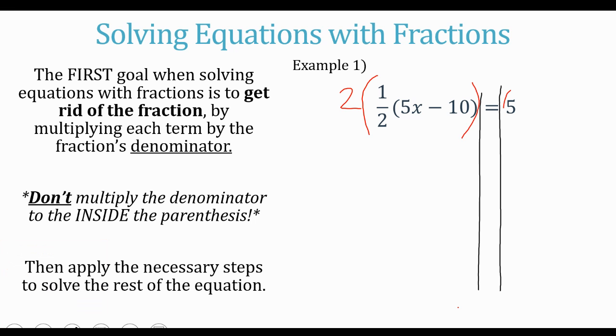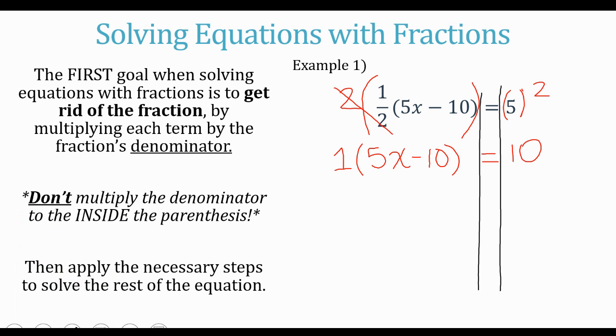And I'm going to multiply this side by 2 also. Okay, so here these 2's are going to cancel out. So all we're left with is 1. Then we bring down that 5x minus 10. Notice we did not multiply inside the parentheses yet. And then 5 times 2 is 10.